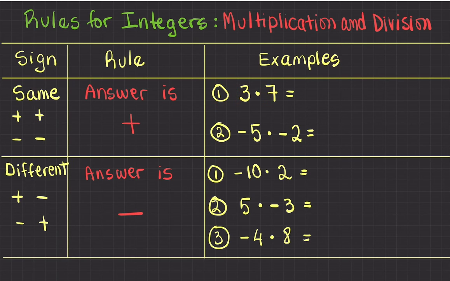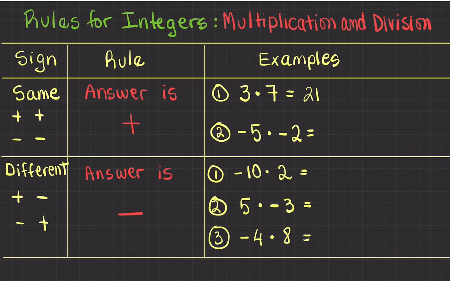Well, we all know that's positive 21, but I want to show you that it does follow the rule. Next problem, it's negative 5 times negative 2, both negative. So if both are negative, your answer is positive. Or we also say a negative times a negative is a positive.